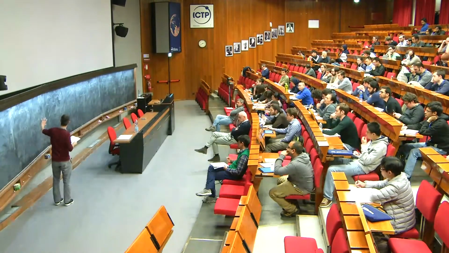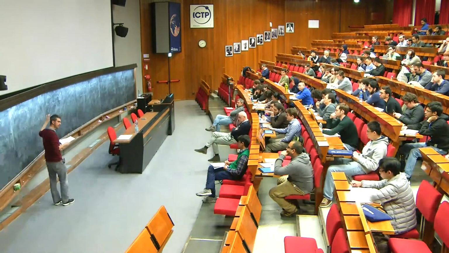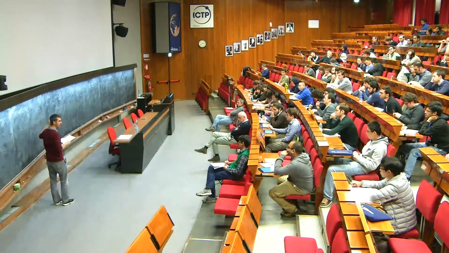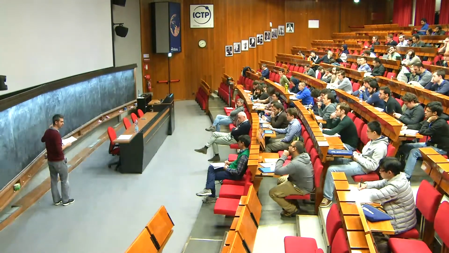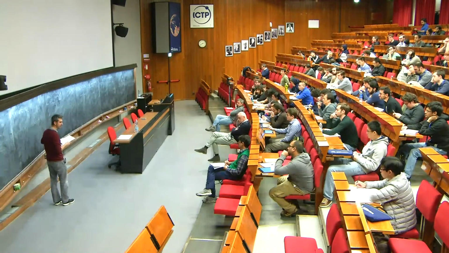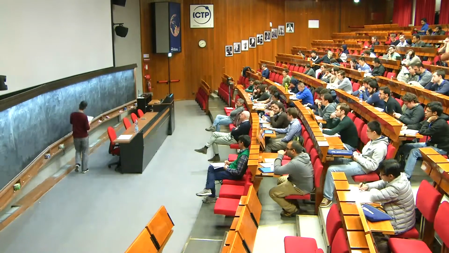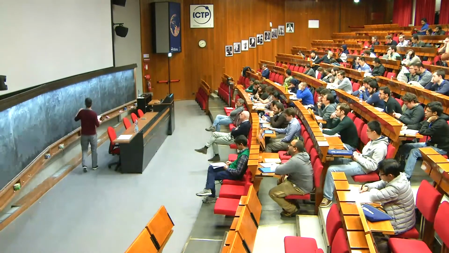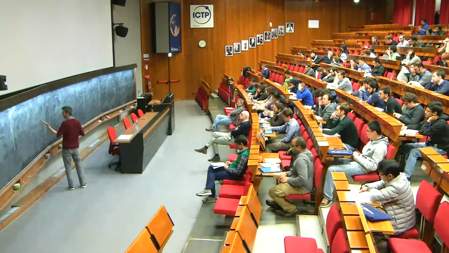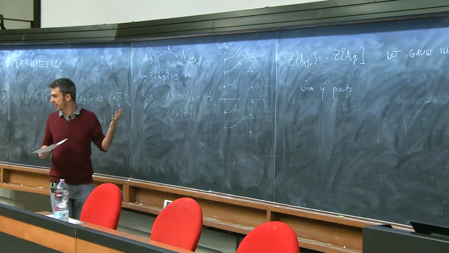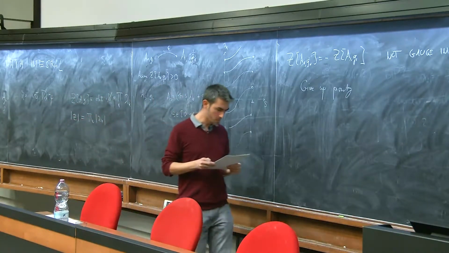So here I was trying to insist that it is real, and I saw a clash between reality and gauge invariance. So now we have to do something, and I will tell you in a second what we can do. So we give up parity, and in particular, we give up the fact that this regularization is real, okay?